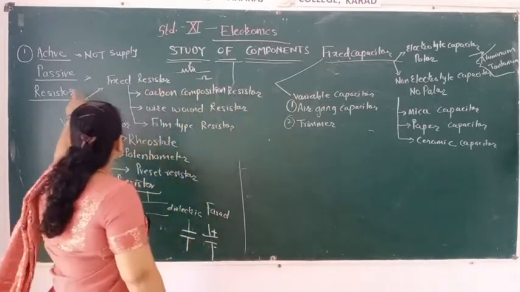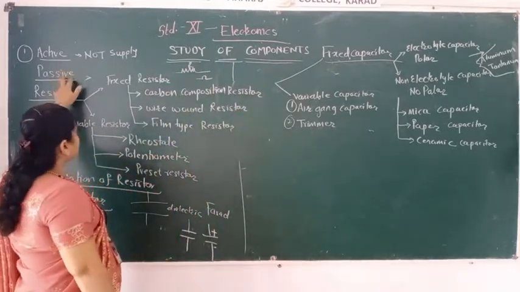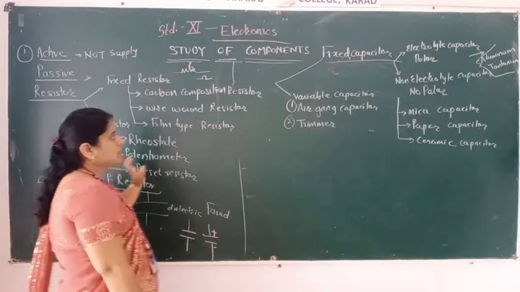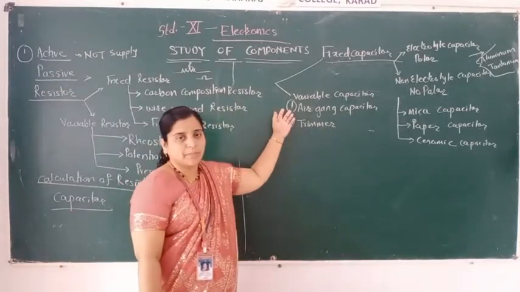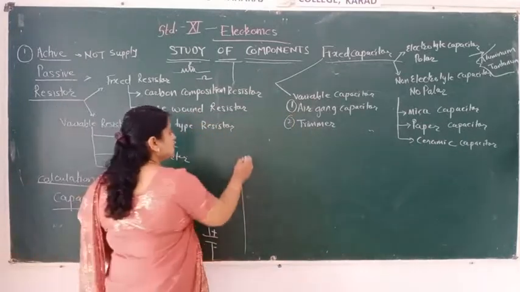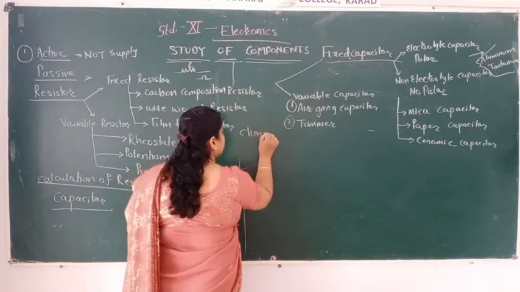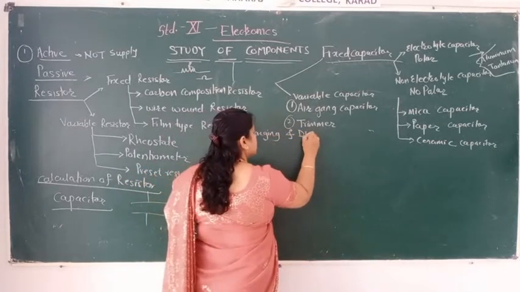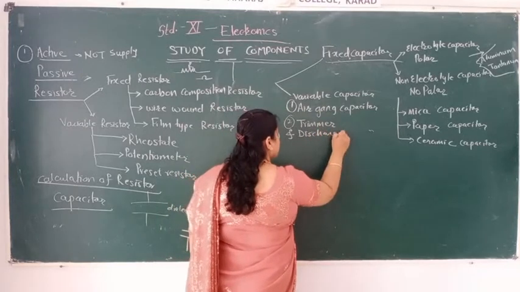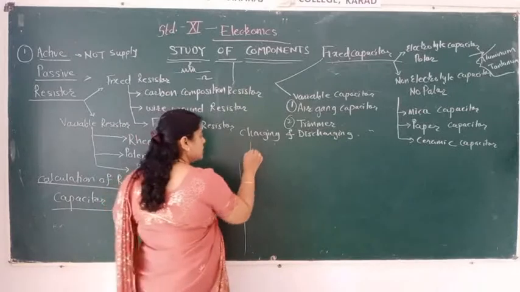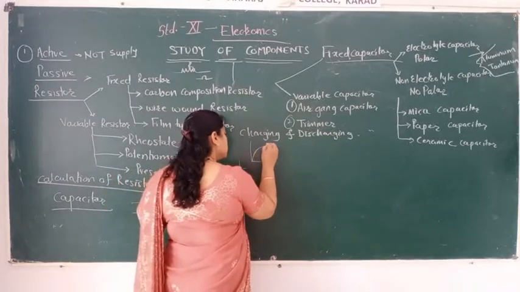So first we have taken active and passive components, then resistor, then capacitor and its types, fixed capacitor and variable capacitor. Next is the charging and discharging of the capacitor, meaning how the capacitor charges and how it discharges. We have drawn the graph like this.